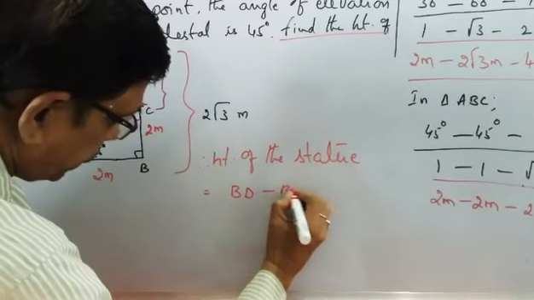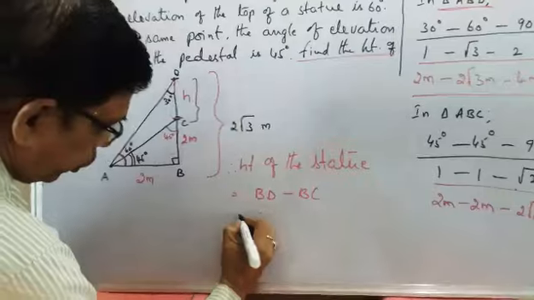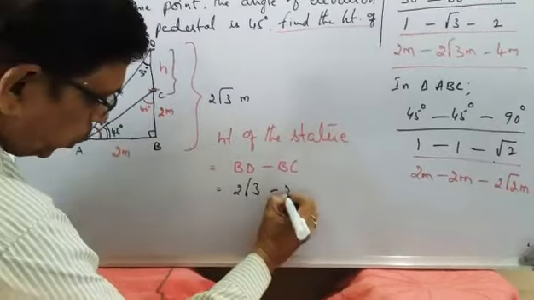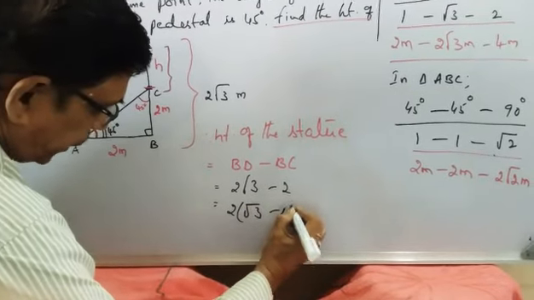BD minus BC. Is it clear, all of you? What is BD? BD is equal to 2√3 minus BC, which is 2. If you take 2 common here, we get √3 minus 1.